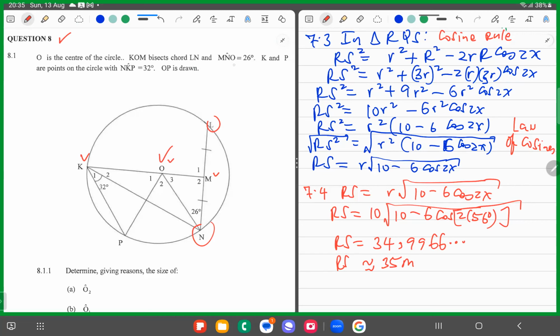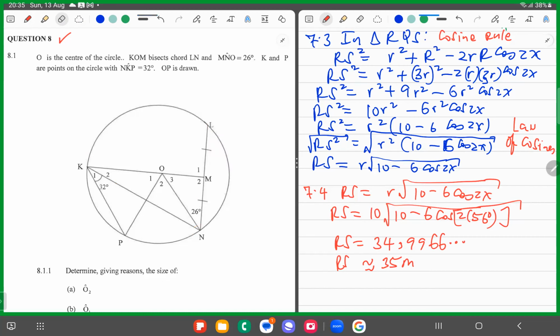Angle MO is 26 degrees. K and P are points on the circle with NKP equals 32 degrees. OP is drawn. Okay, so this is the sort of diagram that we have.